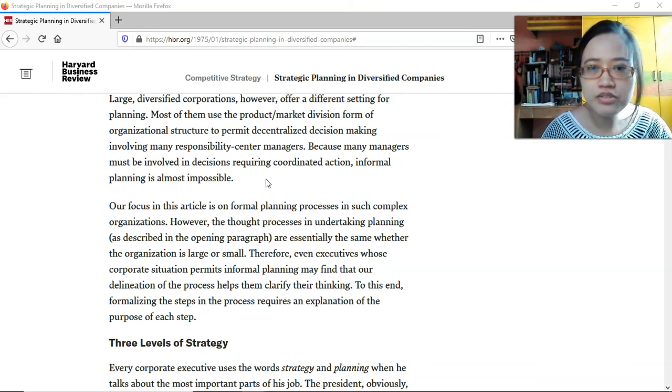Okay? So, in a way, they decentralize decision making. Normally, the ones who talk to each other are the top and the middle, and then the middle and the functional or support. Okay? So, normally, not everyone is talking to everyone. Right?